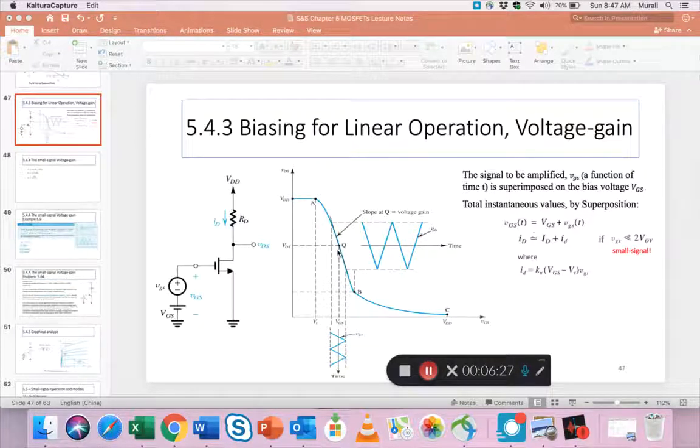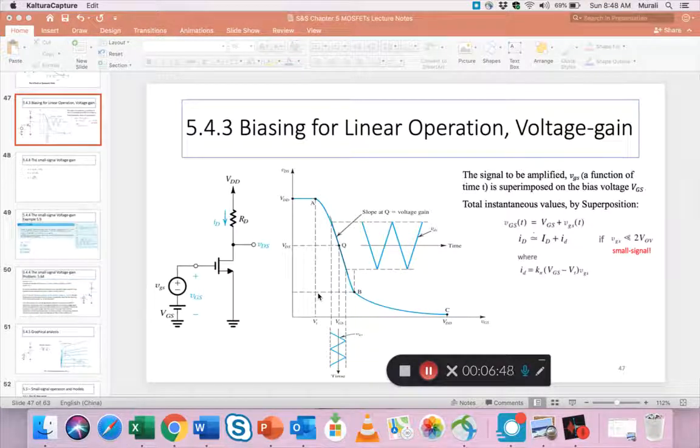So the first point is to find the biasing point Q. Then in part B he asks what swing is allowed. That means what is the maximum input swing of this signal voltage so that we are still in saturation, which means we are still linear.